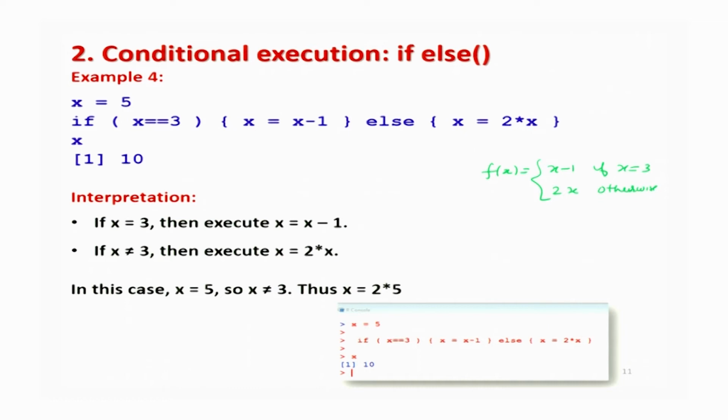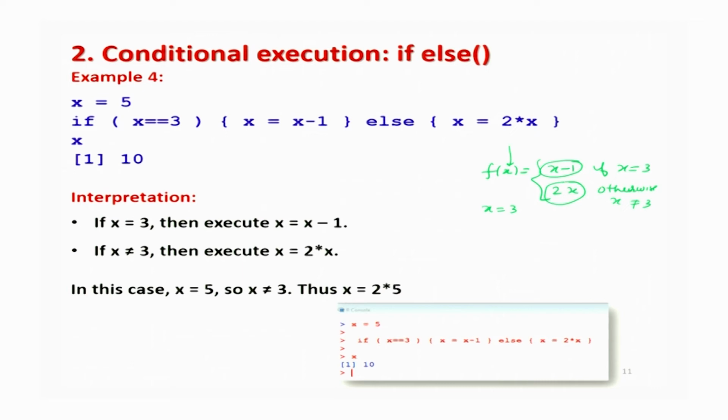Now, if you want to understand what you are going to do, you are saying that in case the input x is equal to 3, then x minus 1 has to be executed, and in case the number is something else, that x is not equal to 3, then whatever the number is has to be multiplied by 2.